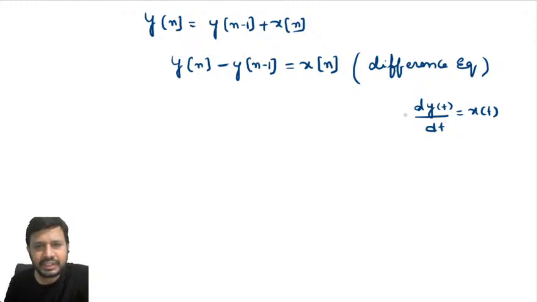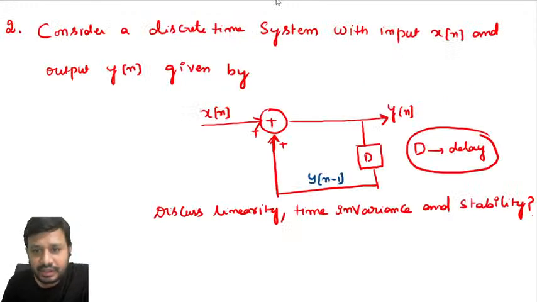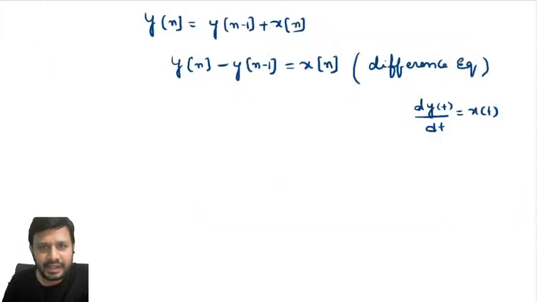Now we have to judge which properties are being asked: linearity, time invariance and stability. Linearity means what? If you are given a differential equation, how are you going to verify it? The coefficients may be functions of the independent variable, but they should not be functions of the dependent variable.